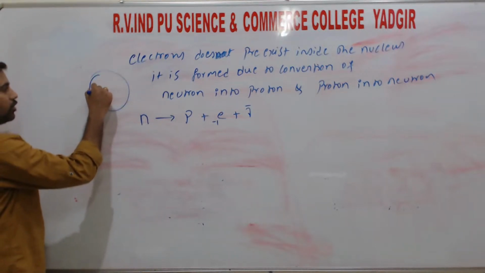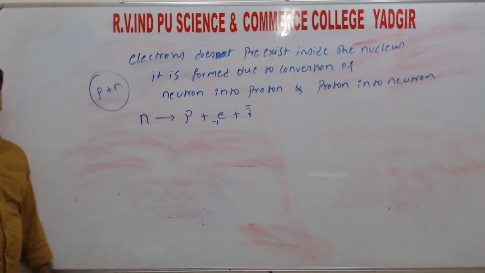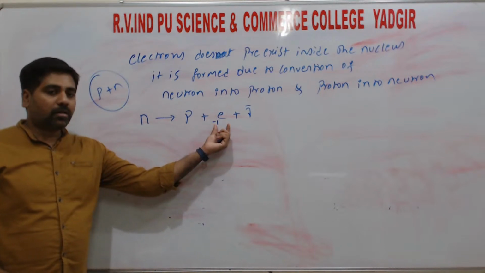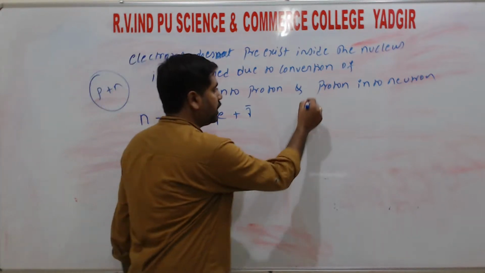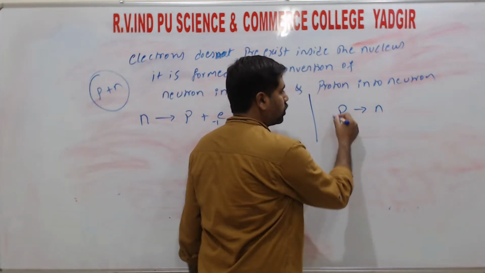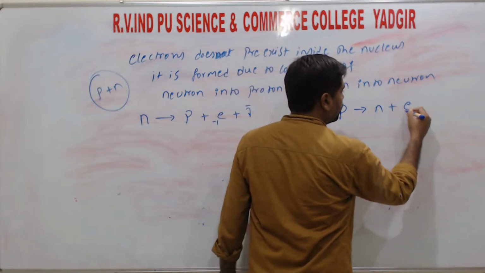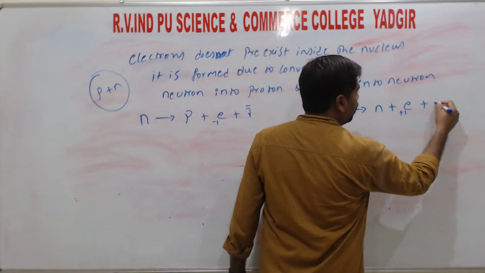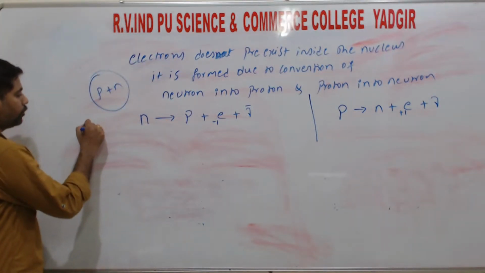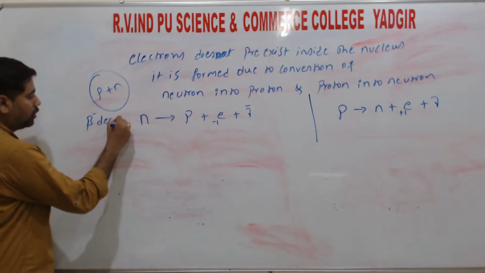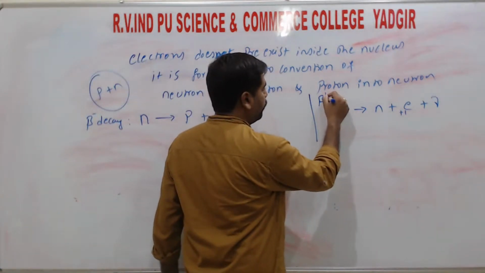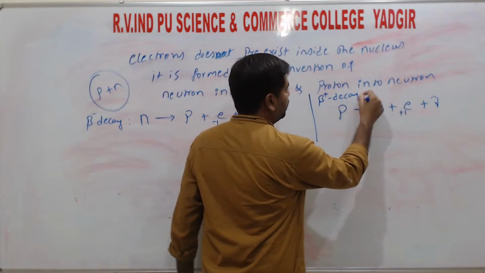As I already said, in the nucleus we have both protons and neutrons. When neutron is converting into the proton, the emission of the electron takes place. So similarly here, proton is converting into neutron, then here the emission of the positron along with neutrino, right? So this takes place in beta minus decay, and this will take place in beta plus decay.